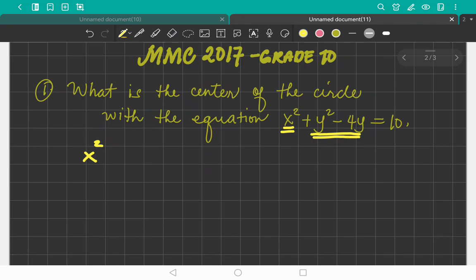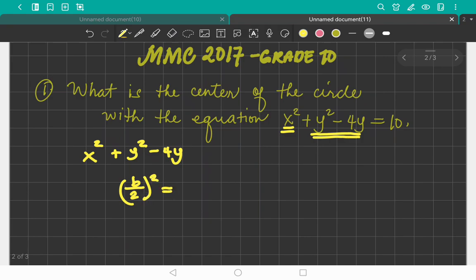And then since the variable y has the middle term, we will complete the square for variable y. So we have y squared minus 4y. To complete the square, remember the formula? We have b over 2, then we square it.